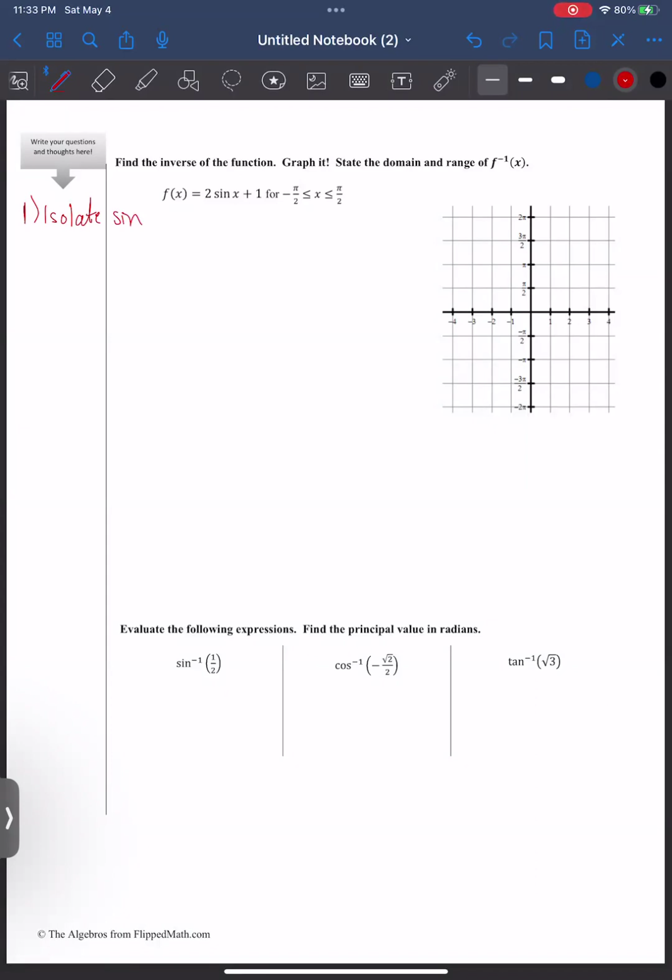Then step 2 is you want to take the sine inverse, the sine of negative 1. Once you have sine by itself, you can go ahead and do that. And then that will actually give you your inverse. So that's actually the inverse there.